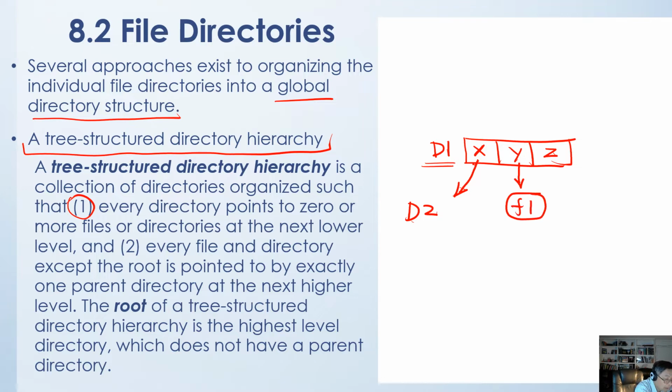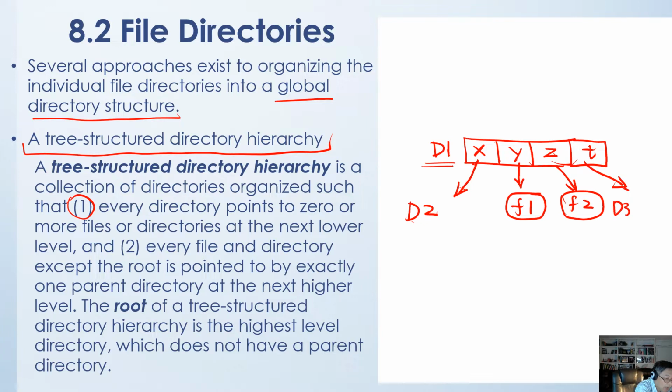Now Z could be another file, F2. Now if there's another one, I say T. That's another ASCII file name, and that could be a directory, so I call it D3.